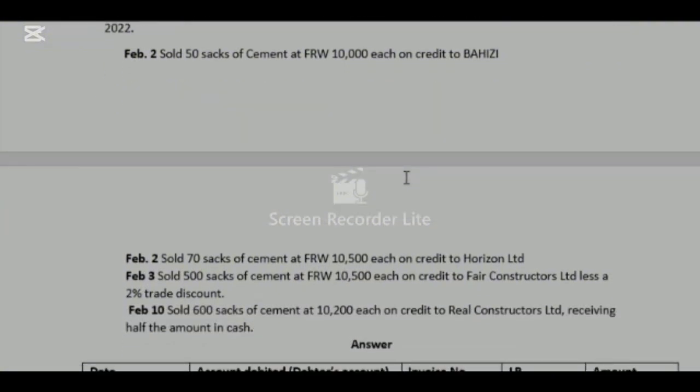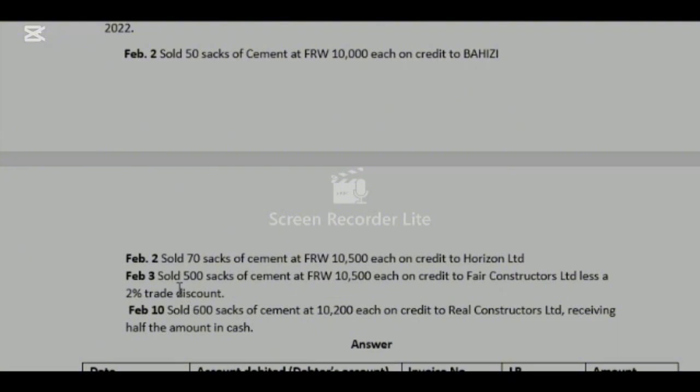So the third step is to deduct the trade discount. When we observe carefully, the transaction that has a discount is the one on February 3. So we will take the gross amount after multiplying 500 with 10,500.